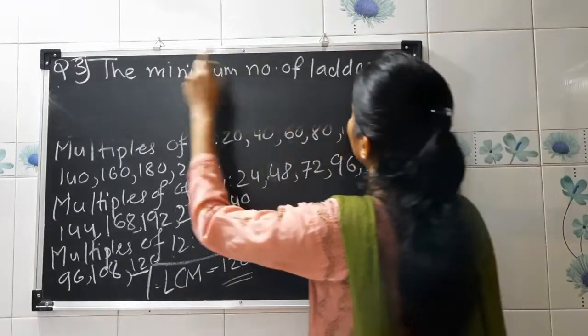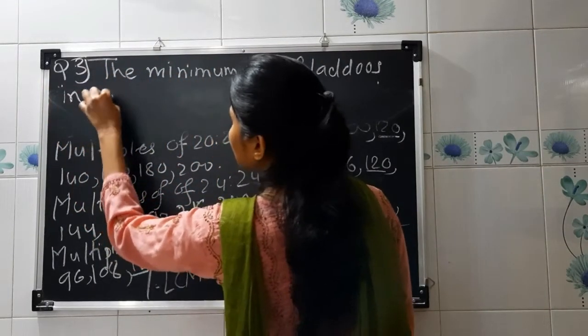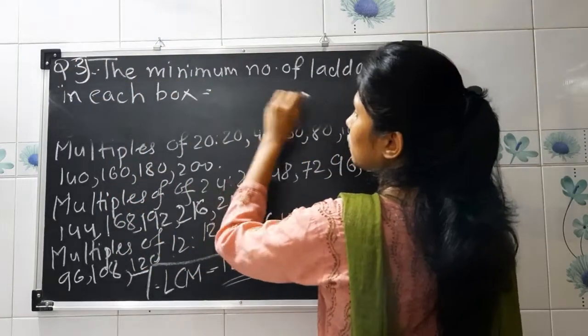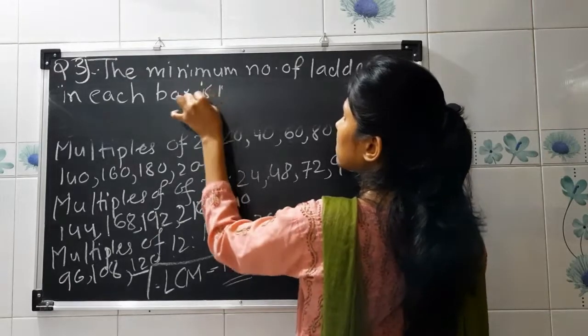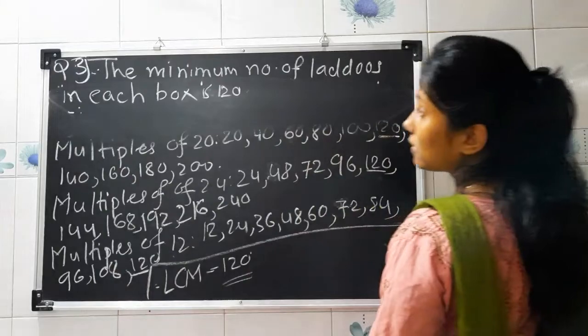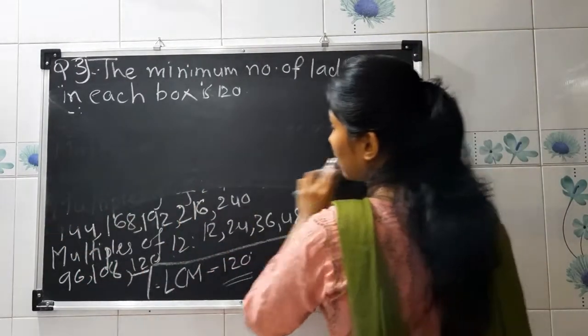Therefore, the minimum number of laddus in each box is 120. But we need to find the minimum number of laddus in all the 3 boxes all together.